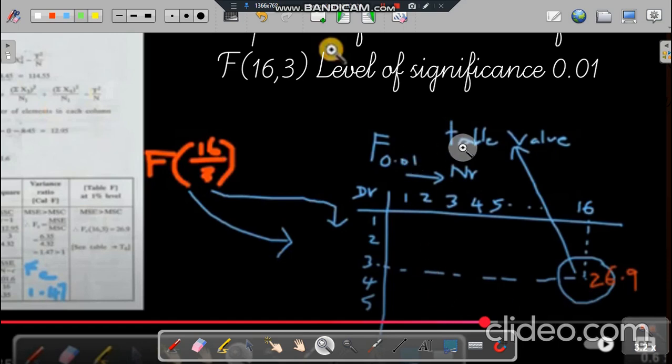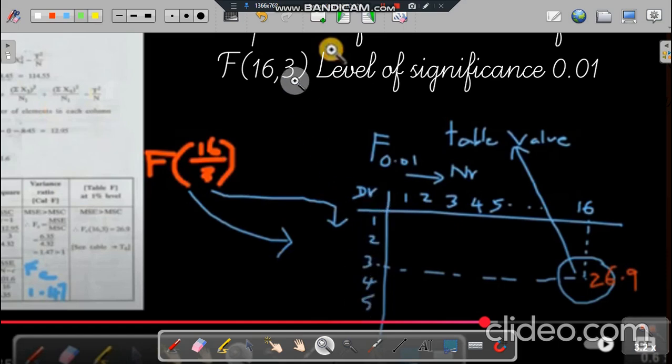So this is the F table, and this is for the 0.01 level, and this horizontal direction shows the numerator value. Here the first number is the numerator value, and the denominator value will be this one.